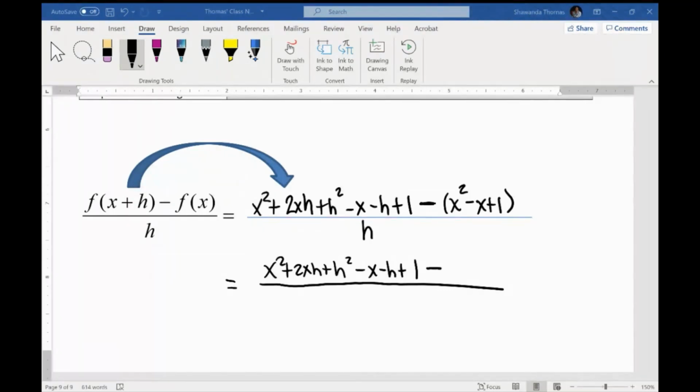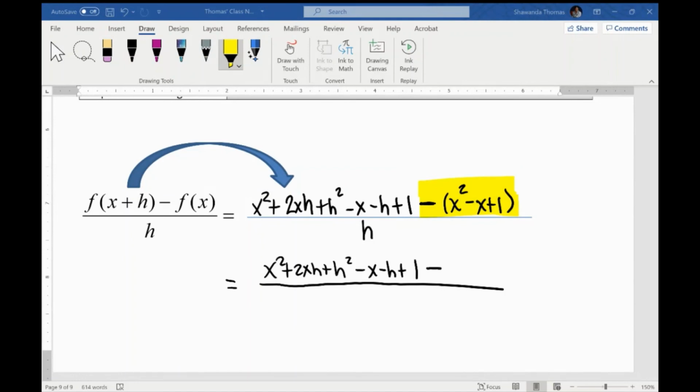We're right in here. What comes after minus? Parentheses. Is it minus x squared plus x minus 1? Very nice. Who said that?